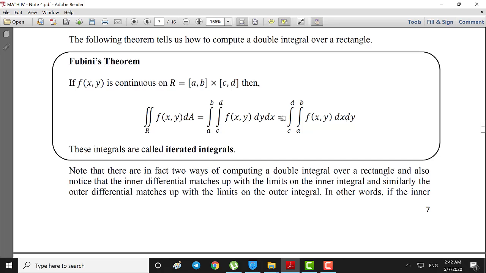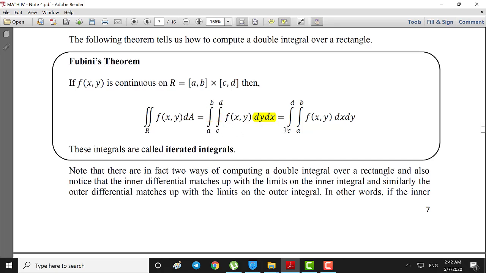So, in other words, if the differential that you have in your double integral is dy dx, then the outer integral should have the limits for x, and the inner integral should have the limits for y, as we see here.